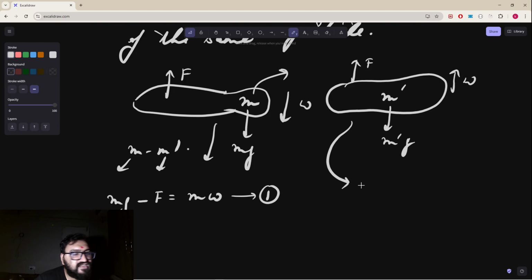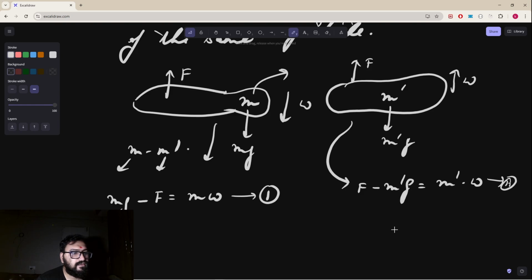In this case, I'll consider the upward direction as the positive direction. So all the forces that are in the upward direction will have a positive sign in front of them. So F will be positive. m dash g is in the downward direction, so I'll write minus m dash into g. This should be equal to the mass of the aerostat times the acceleration, the net force acting in the upward direction, m dash omega. This is my second equation.